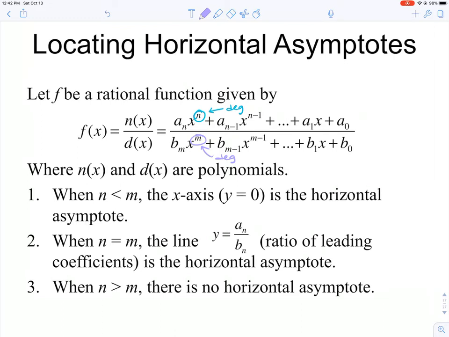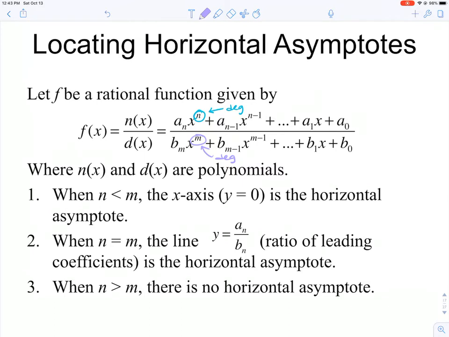When the degree of the numerator equals the degree of the denominator, so when n equals m, remember how I said the leading terms are our end behavior model, the ratio. Well, if the degrees are the same in the numerator and denominator, those x terms are going to cancel, right?